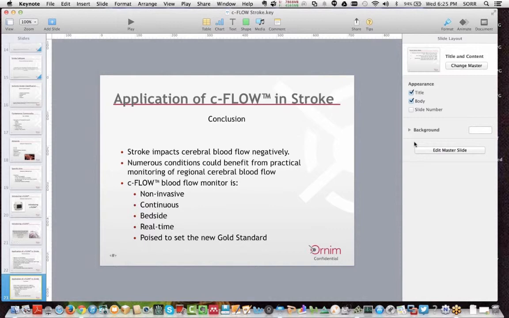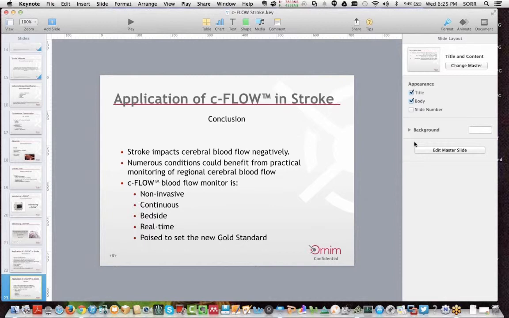So this is a very interesting question, and there are probably two parts to the answer. I would say the first part is, can we detect the effects of ischemia during the acute phase of cardioembolism. One of the appealing aspects of the C-Flow is that it is a regional cerebral blood flow monitor. It actually measures blood flowing within a cubic centimeter of space at the gray-white junction.